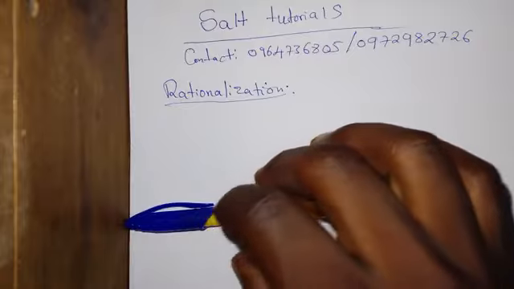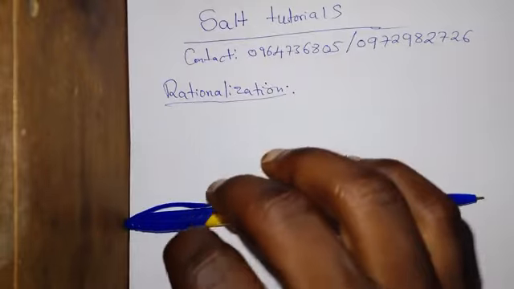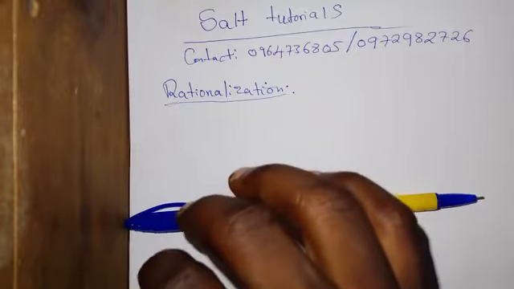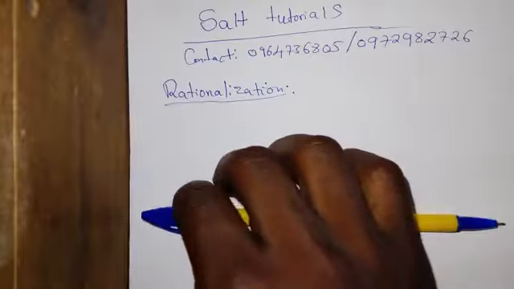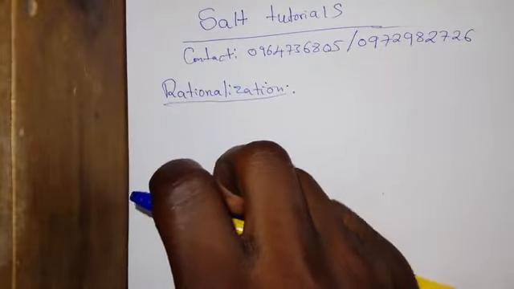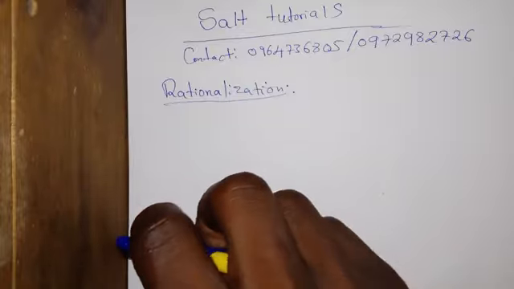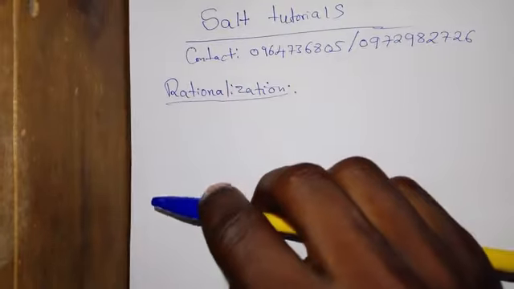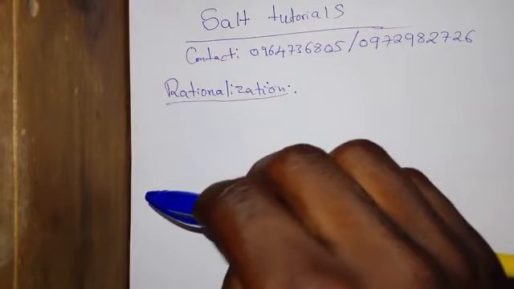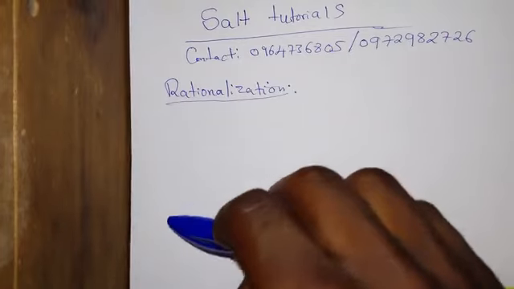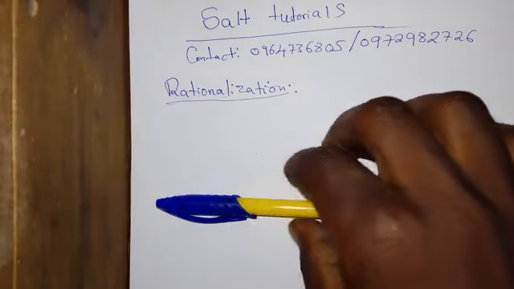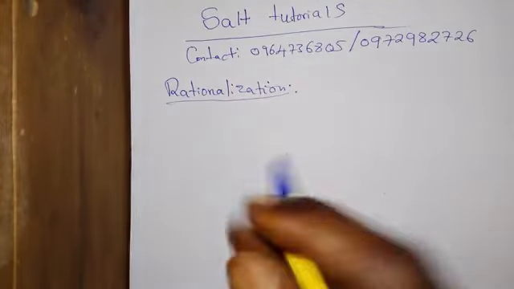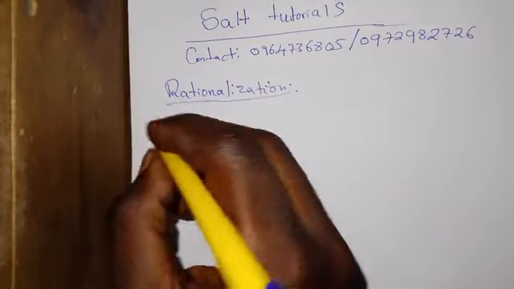Most of the time mathematically we are trying by all means to make the fraction free from surds, free from a radical which can be in the denominator or numerator, either of the two.